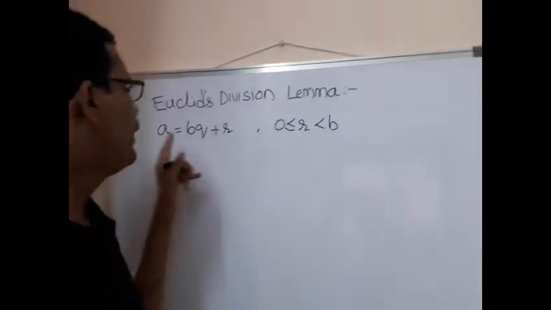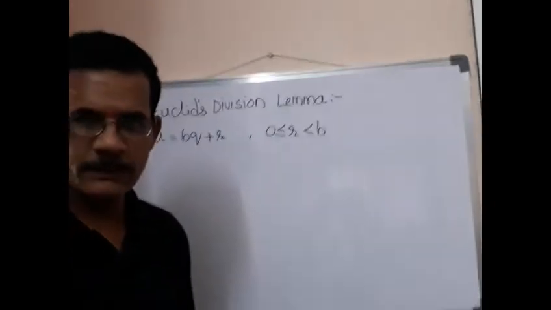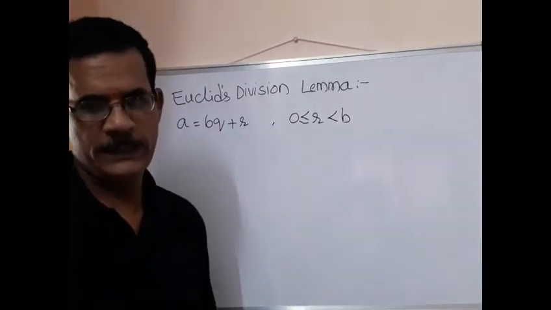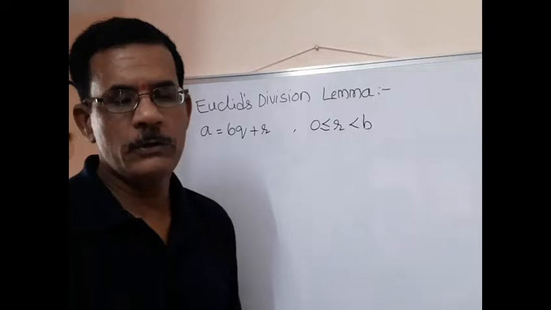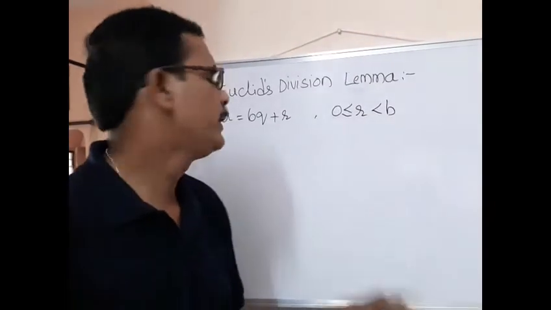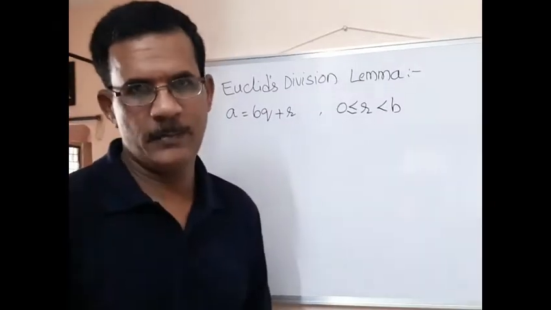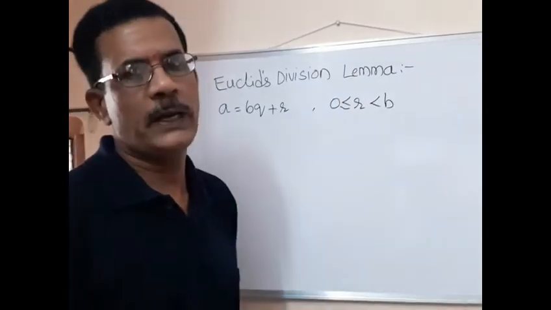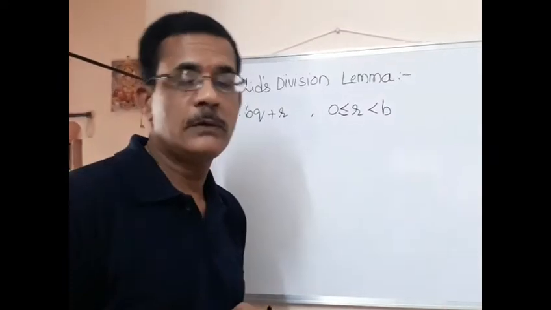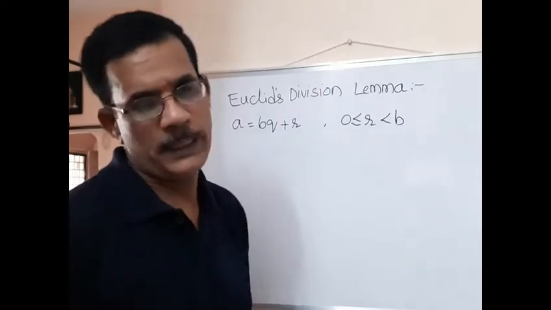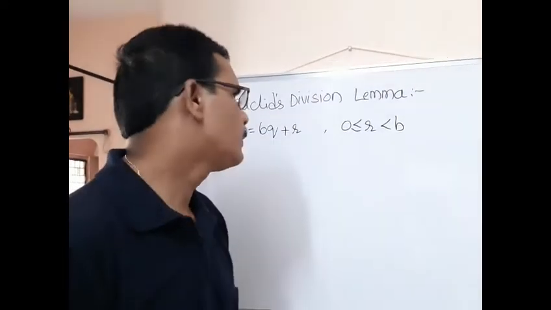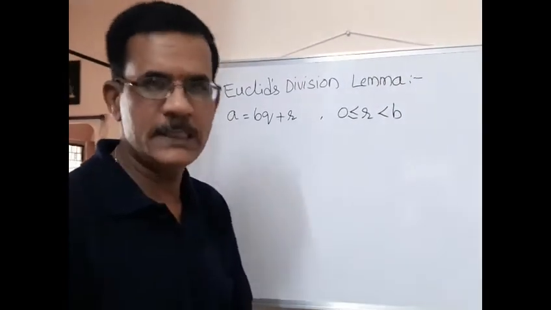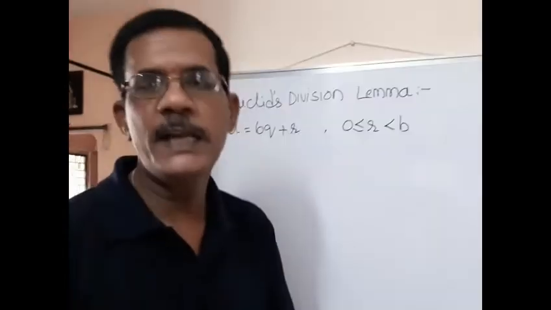Here a and b are two positive integers. Using this Euclid's division lemma, we find the HCF of two or more positive integers. So let us see how to find the HCF of two positive integers using this EDL.